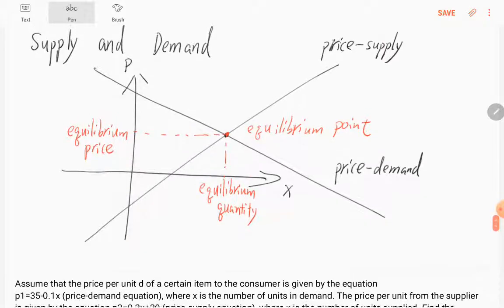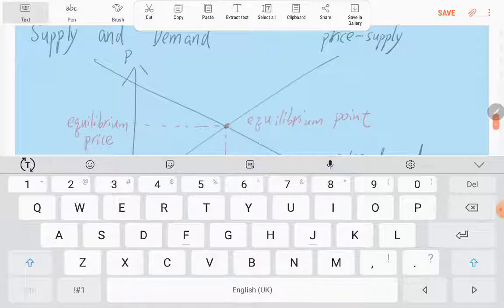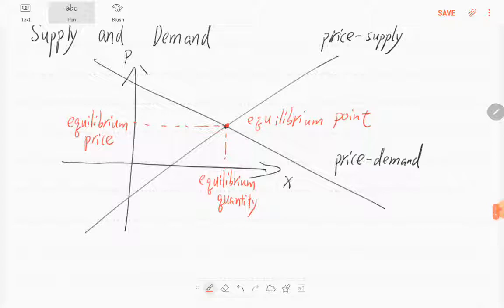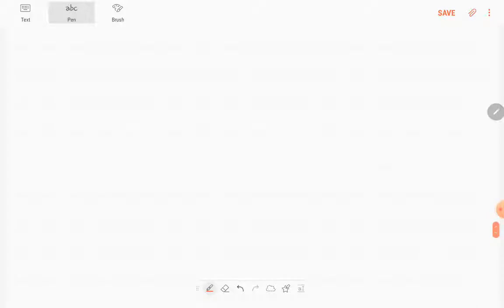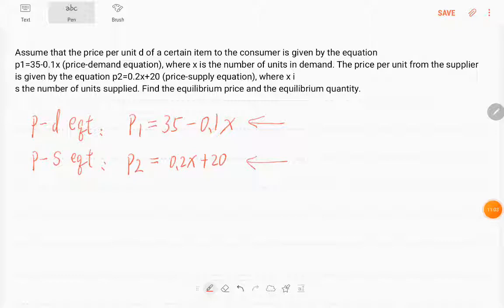From our discussion, at this point they share the same price, right? The equilibrium price and the same equilibrium quantity. So that means at the equilibrium point, P1 should be equal to P2.